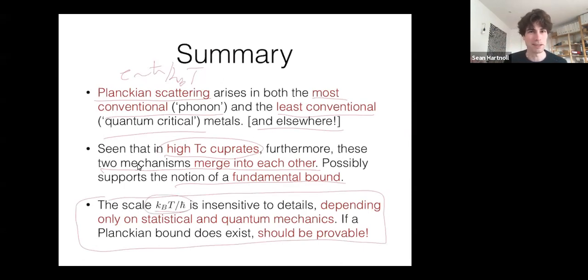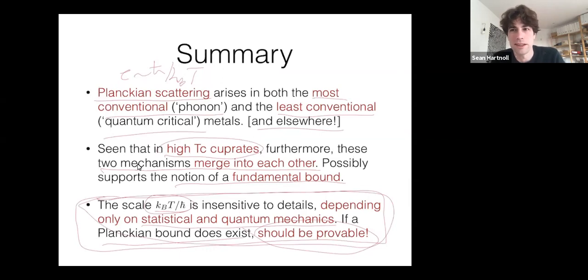It doesn't depend on any details, right? It only depends on quantum mechanics and on statistical mechanics. And so if there is some kind of Planckian bound, it really should be provable, right? Because the ingredients are pretty simple. And I think that would be a nice thing to do. All right, so thanks a lot, everyone.